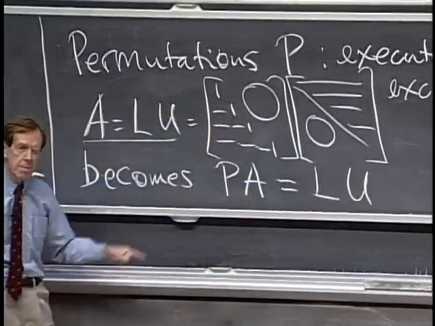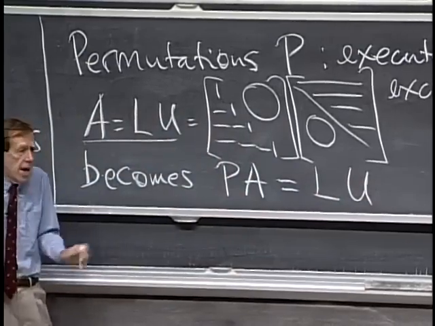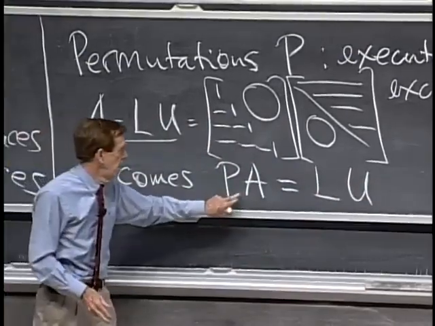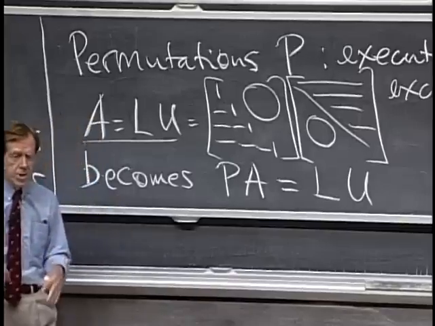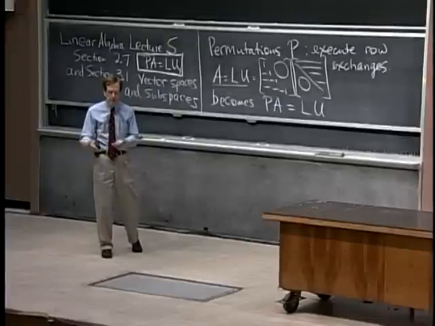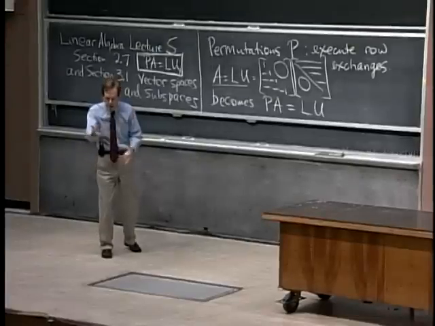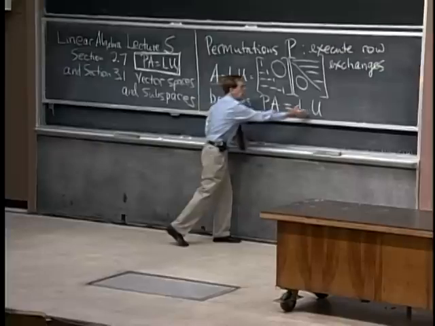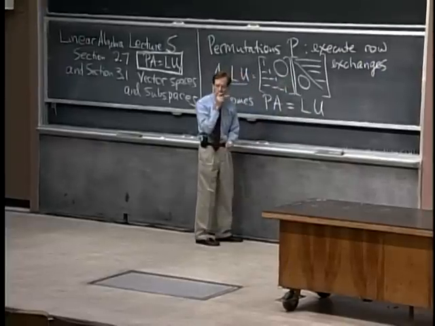So this P is the matrix that does the row exchanges. And it gets the rows into the good order where zeros won't appear in the pivot position, where L and U will come out right as up here.